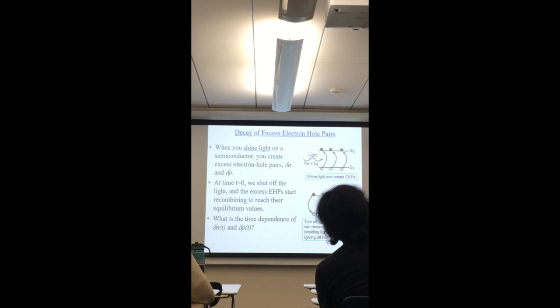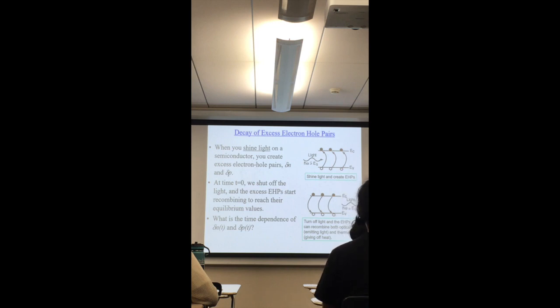So this light can create excess electron-hole pairs, and for these excess electrons and holes, we use delta n and delta p. These are the excess electrons and holes created by the light. At time equals 0, let's shut off the light. If we shut off the light, what can happen?